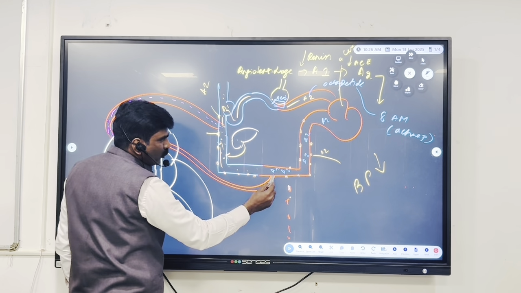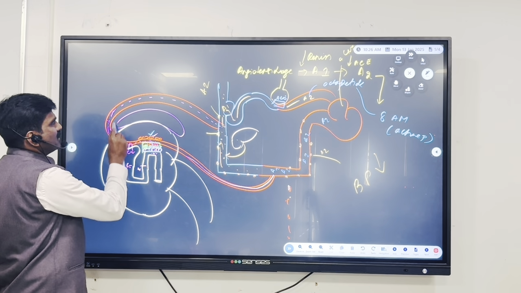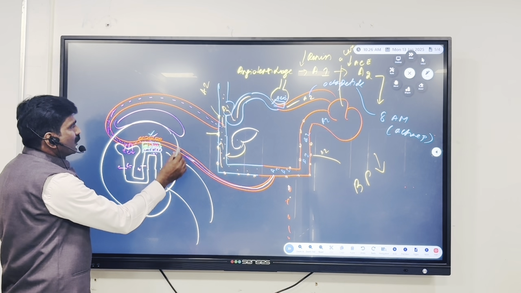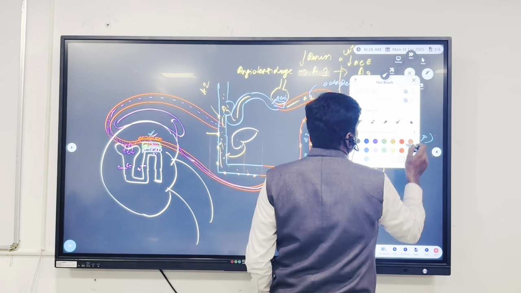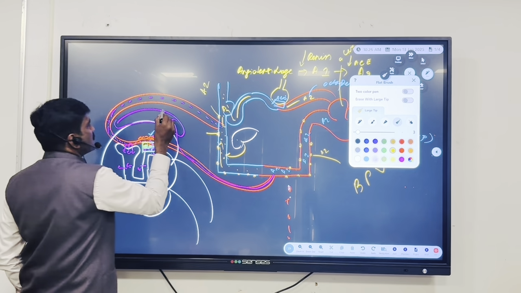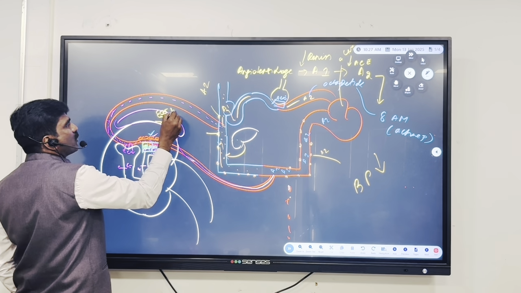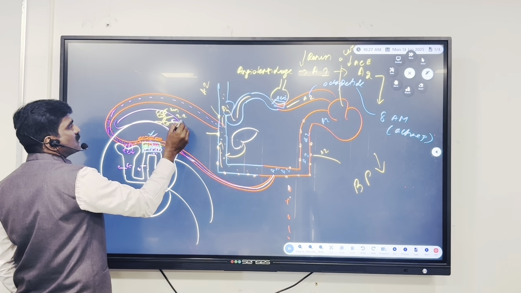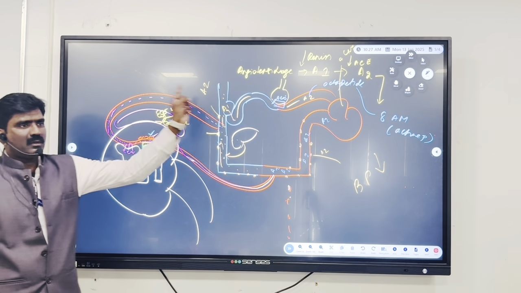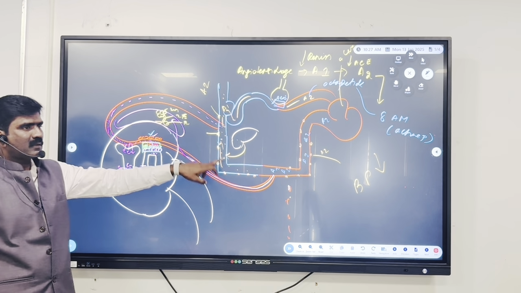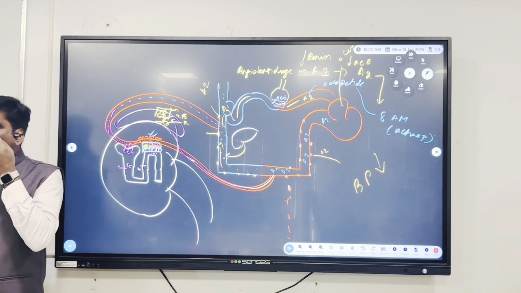That A2 will reach the adrenal gland, and it will stimulate which layer? There are three layers: zona glomerulosa, zona fasciculata, zona reticularis. A2 will reach the adrenal gland and stimulate the zona glomerulosa.